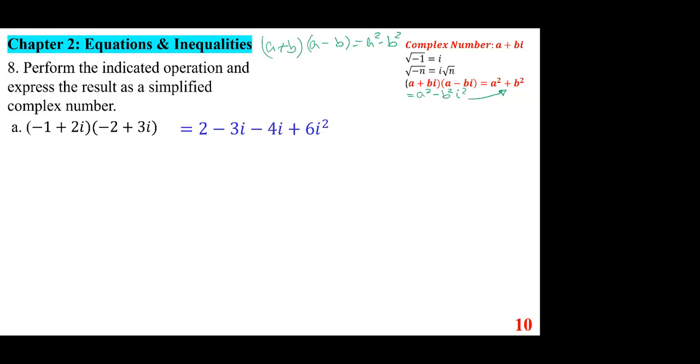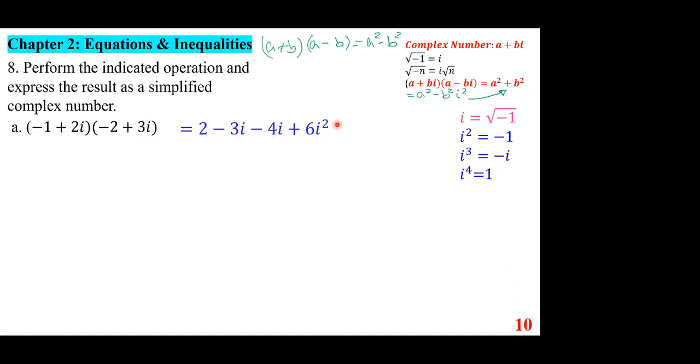How do you multiply this? You just follow foiling first. So class, -1 times -2 is 2. -1 times 3i is -3i. 2i times -2 is -4i. 2i times 3i is 6i squared. And as I said, i squared is -1.